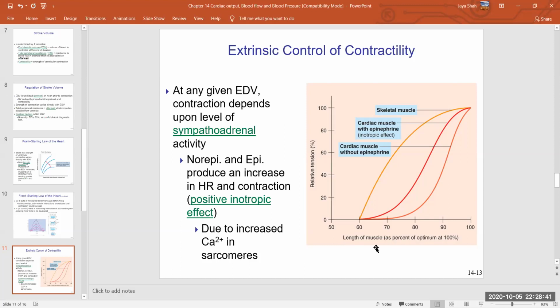So again here, length of muscle as percent of optimum, 100%. So 100% length of any sarcomere. What do you see? This is cardiac muscle without epinephrine, and you see the tension without epinephrine. This is cardiac muscle with epinephrine. So with the same 90% length, let me draw a line from the 90%.